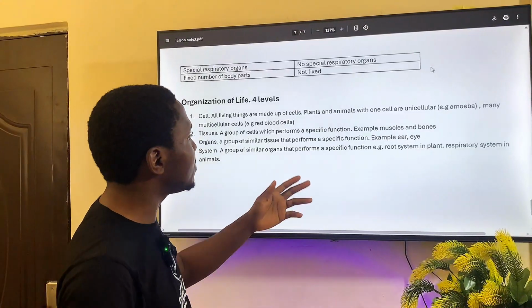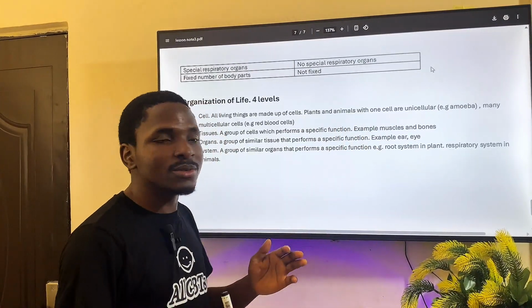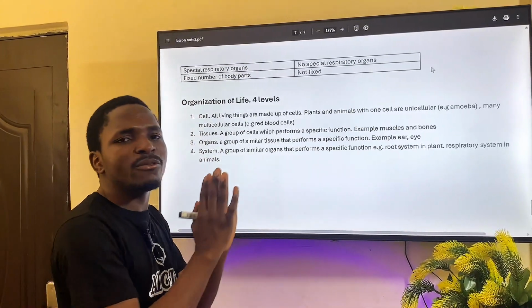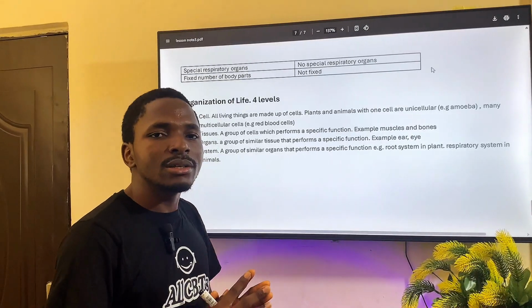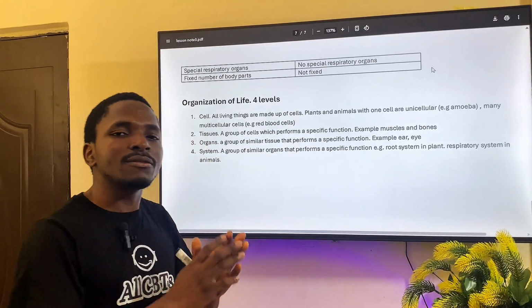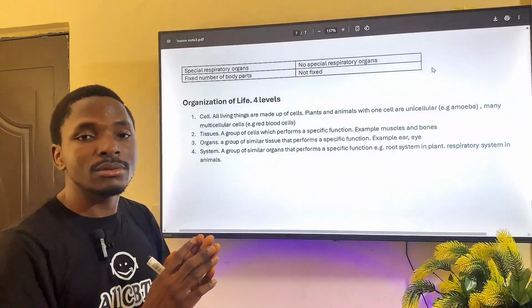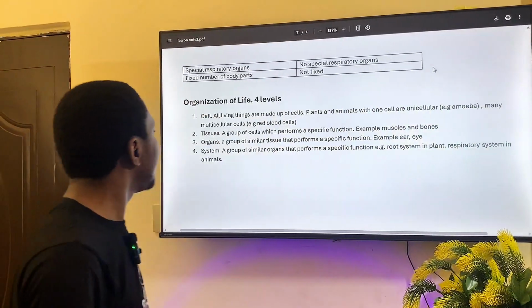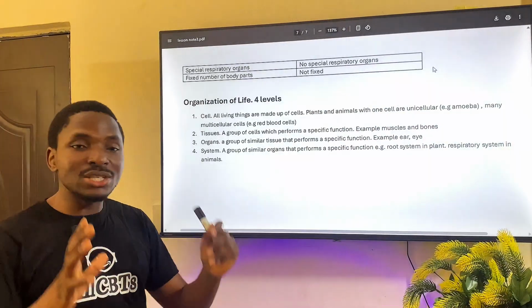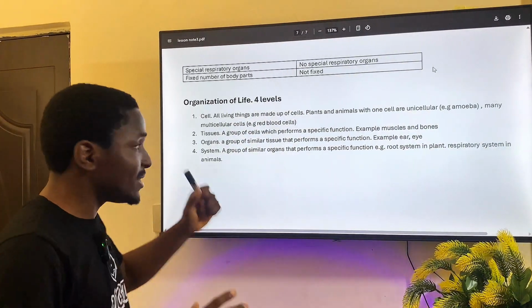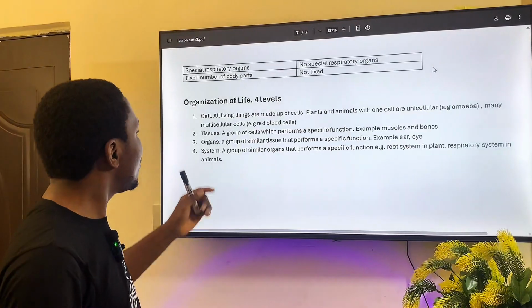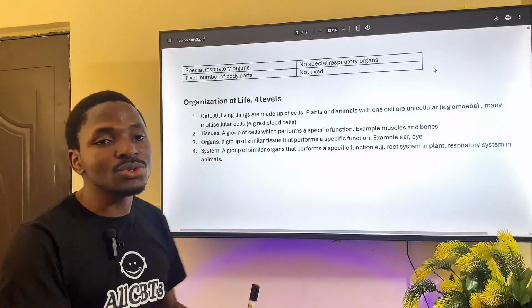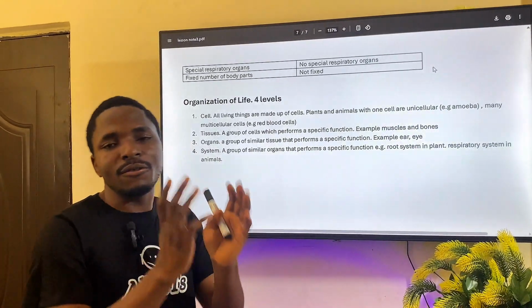For example, as I said before, muscles, bones, specific functions in the body. They are a collection of cells that function for a particular purpose. And then the third one in our organization of life are organs. What are organs? Organs are a group of similar tissues that perform the same function.